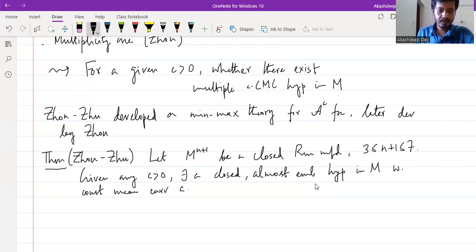So given any c greater than 0, there exists a closed almost embedded hypersurface in M, which is CCMC.